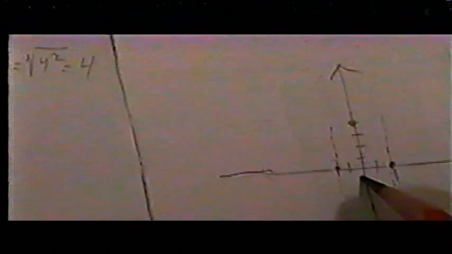So we start at the origin, we go up 1, 2, 3, 4, and we go down 1, 2, 3, 4, and then we can finish off the rectangular box. So there we have the rectangular box. Now all we have to do is draw the diagonals of the rectangular box.